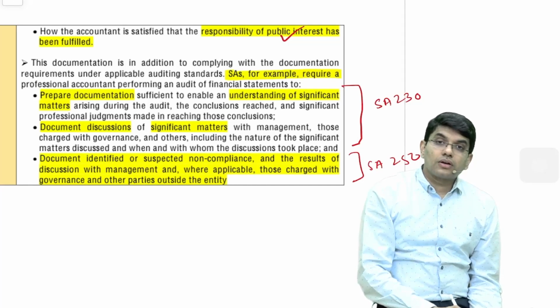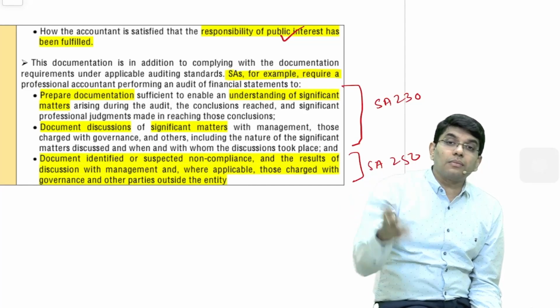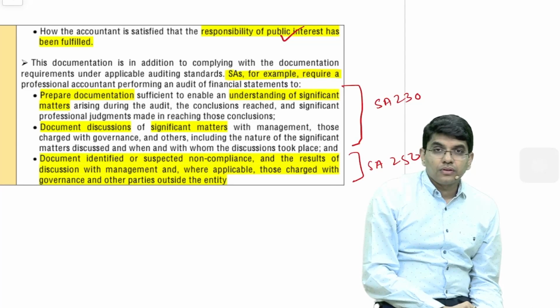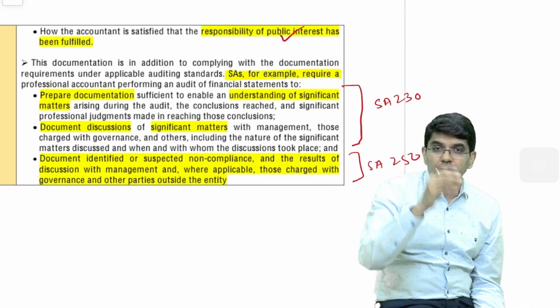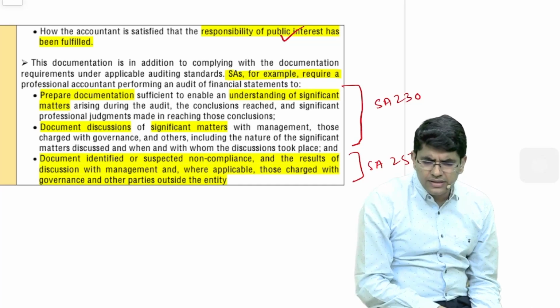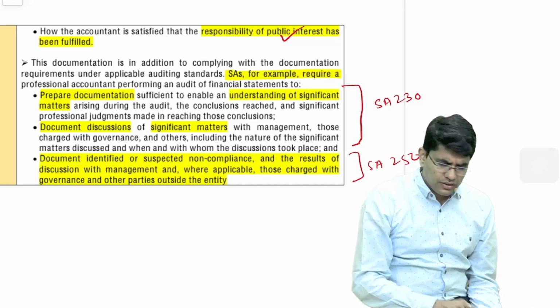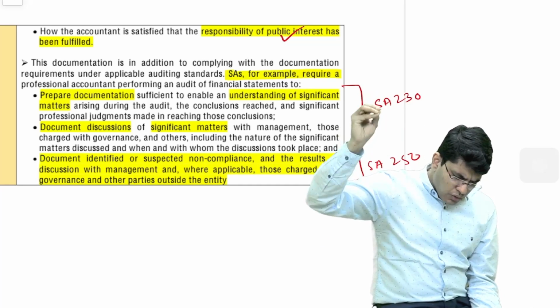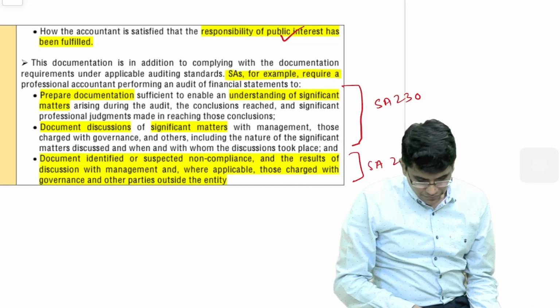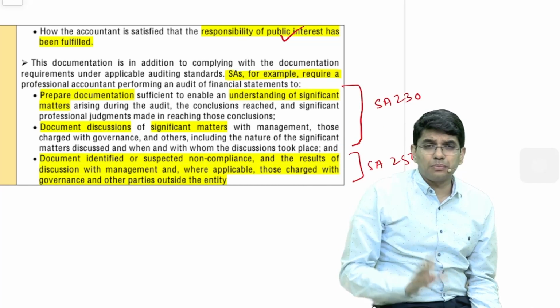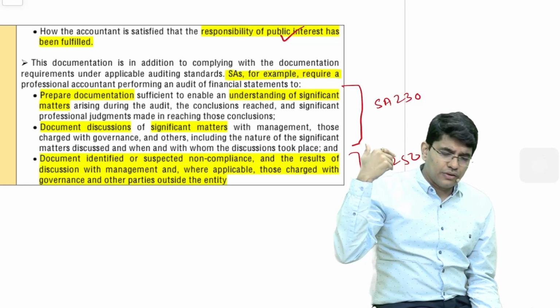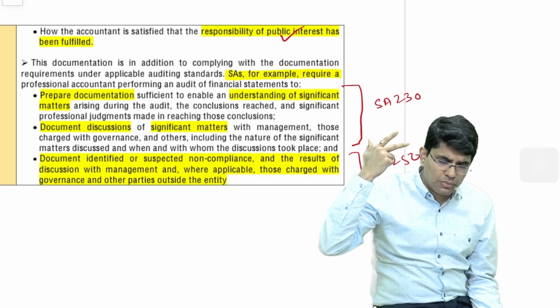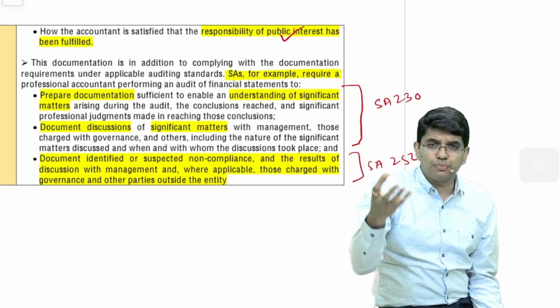But whenever an auditor comes across non-compliance, documentation is generally required. SA 230 talks extensively about whenever an auditor comes across any significant matter. A significant matter means a big matter, something like a significant risk, a significant deficiency in internal control, a material misstatement, or anything which affects the report.